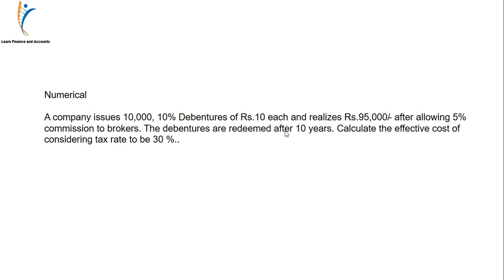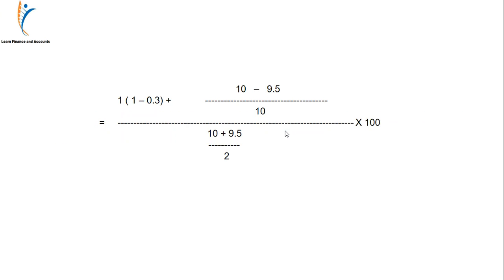So what is the 5,000 that the company hasn't received? That is the flotation cost, after allowing 5% commission to the brokers. Now this money is being given to the brokers. Debentures are redeemed after 10 years. Calculate the effective cost of debt considering tax rate to be 30%.